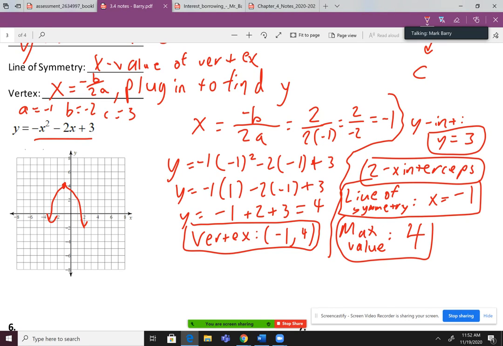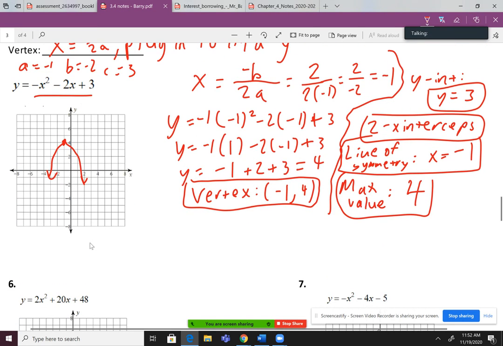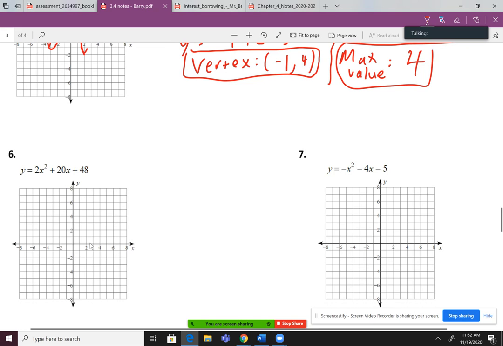All right. Let's try it a couple more times. For number 6, we got A is 2, B is 20, C is 48.